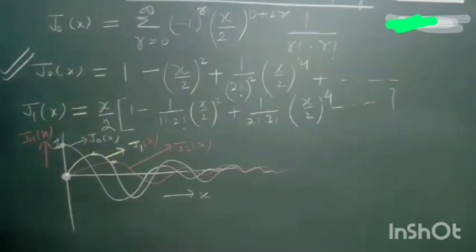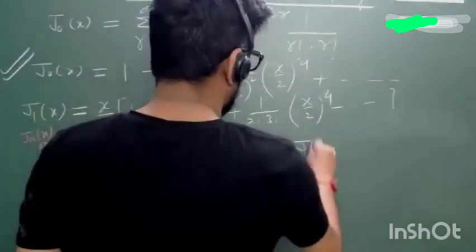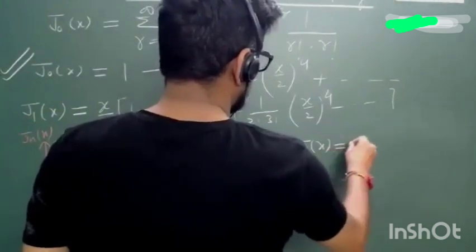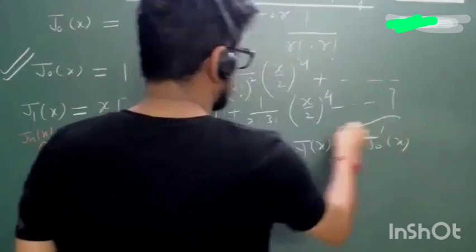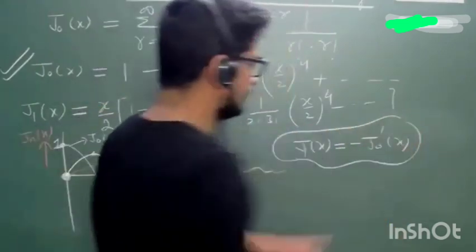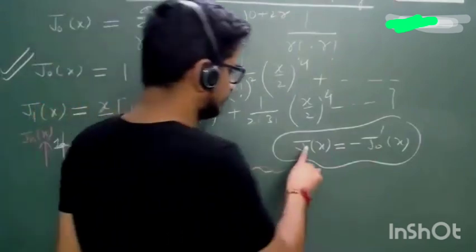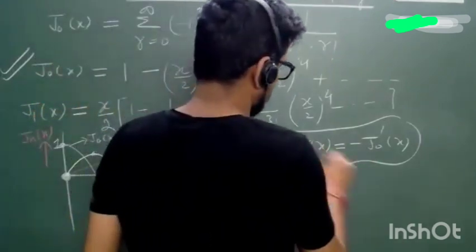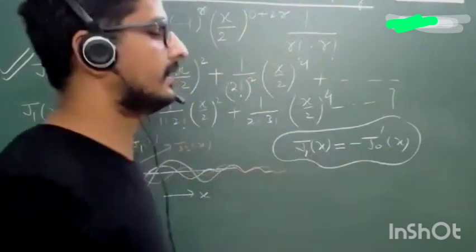Now one very important property is that the value of J1 of x is equal to minus J0 dash x. So if you know J0, just take a derivative of this, differentiate J0 and take one negative sign, you will get the value of J1.